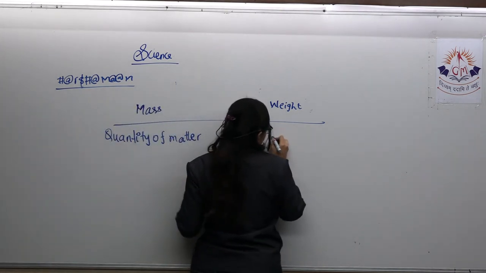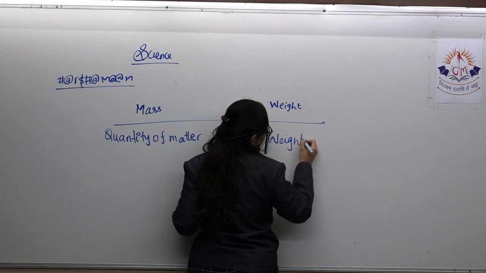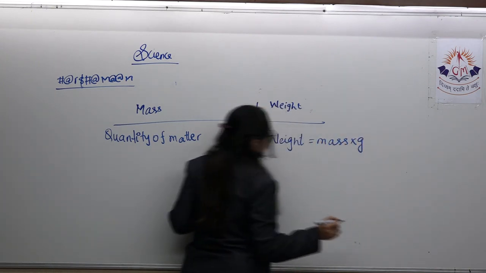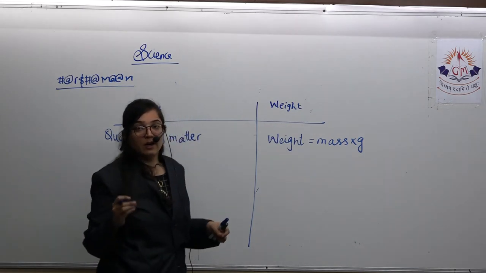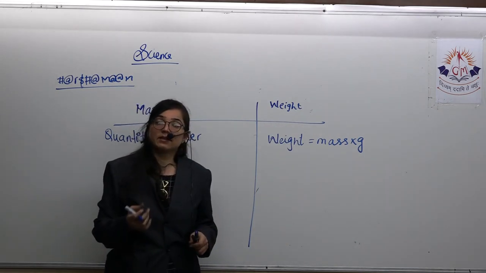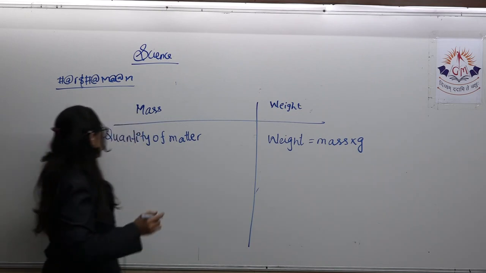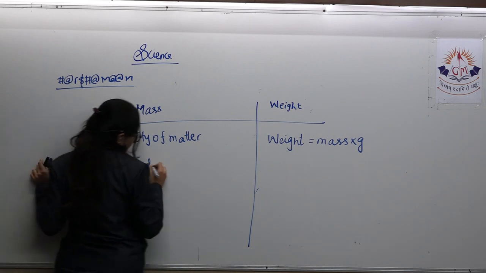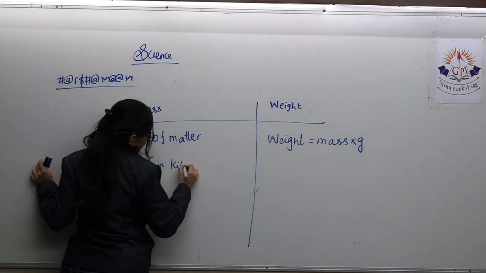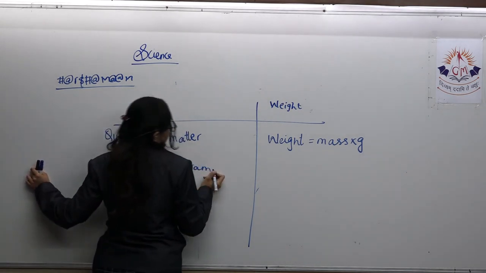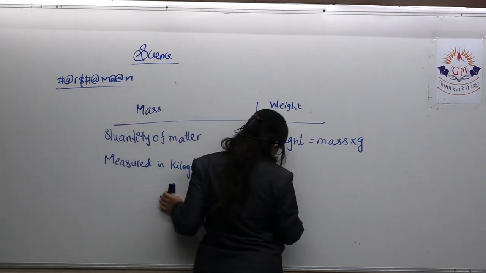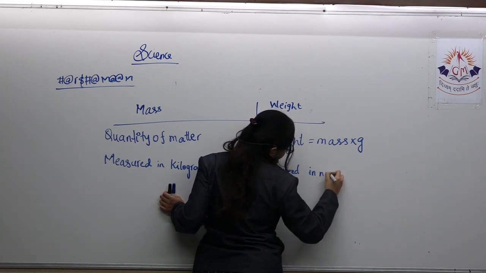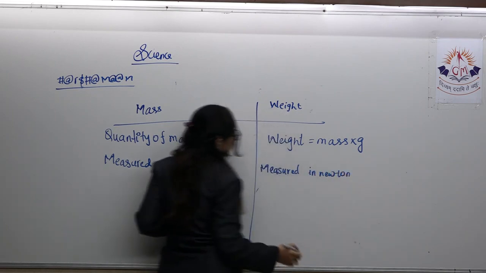But weight is mass into the gravitational acceleration of that particular planet, denoted by g. Mass is measured in kilograms. Weight is measured in Newtons because it is a force. Okay.